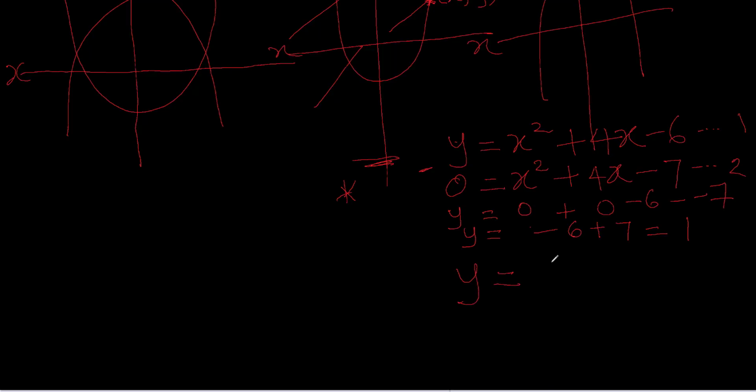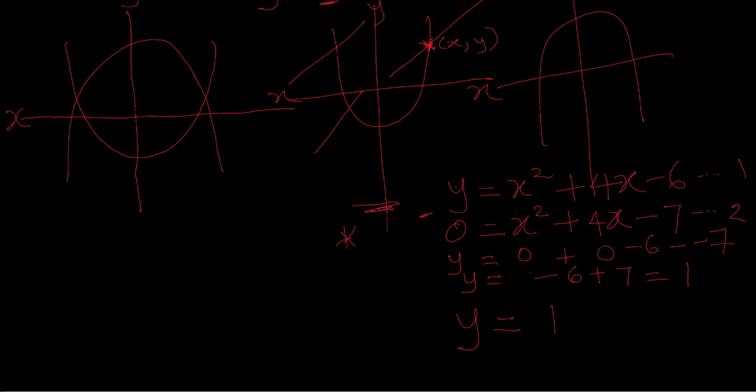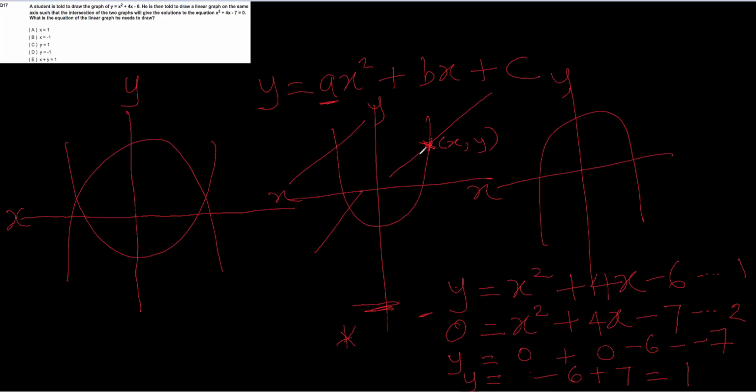And we can say that the equation of the line that crosses this quadratic graph and intersects at this point is y equals 1.